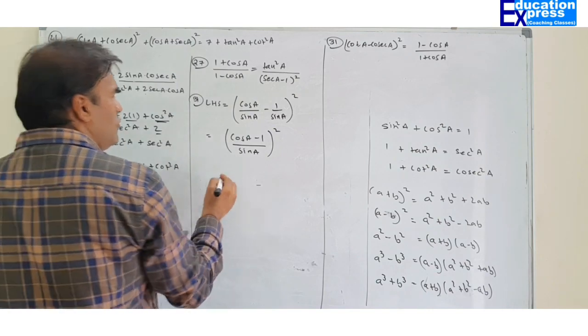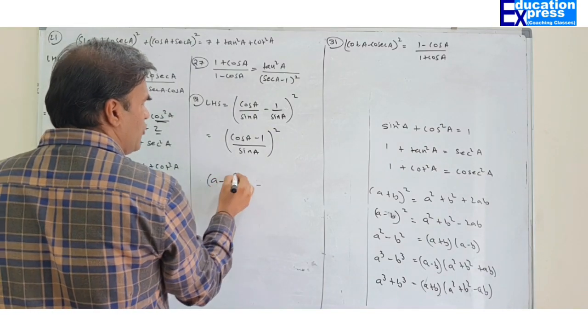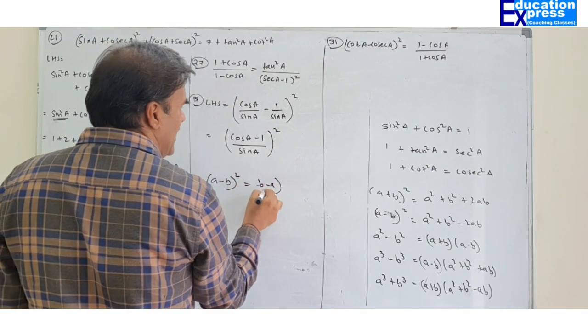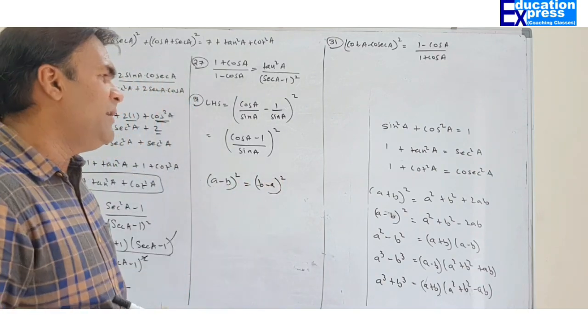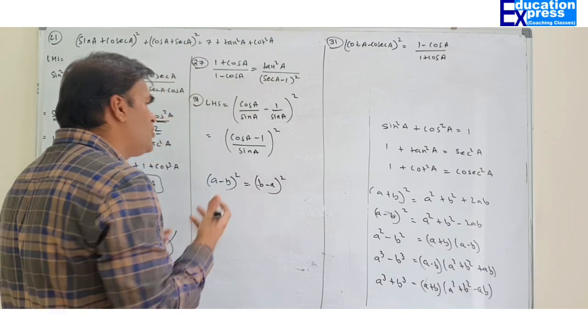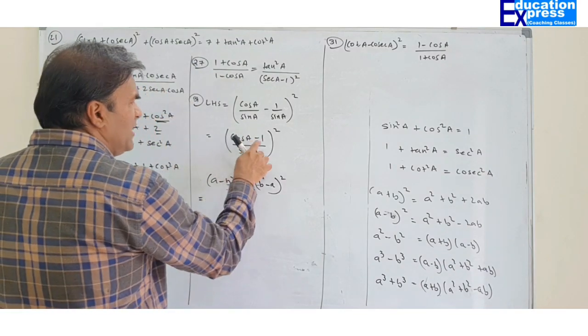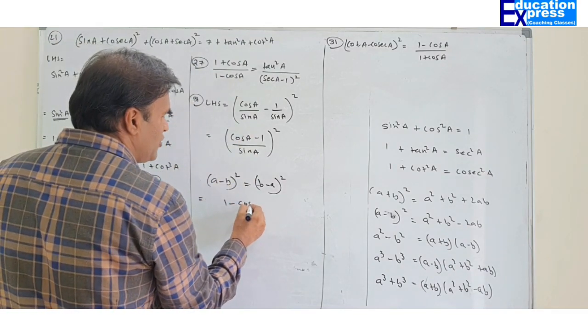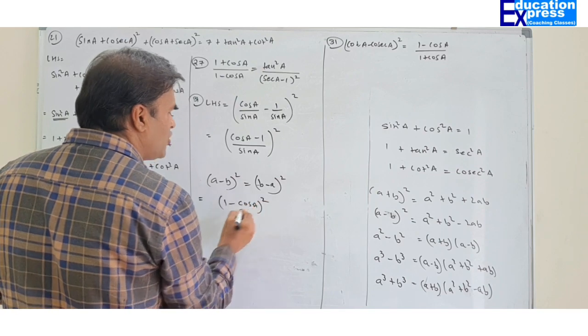As you know, A minus B whole square or B minus A whole square is one and the same. You try A minus B square or B minus A square, it's going to be the same. So cos A minus 1 can be written as 1 minus cos A, the whole square.